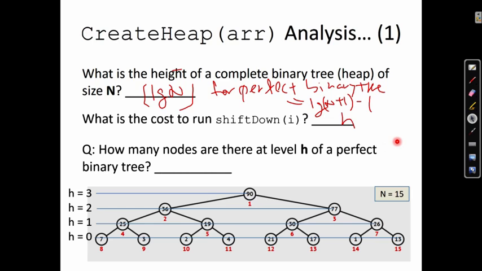How many nodes are there at level h of a perfect binary tree? Anyone?